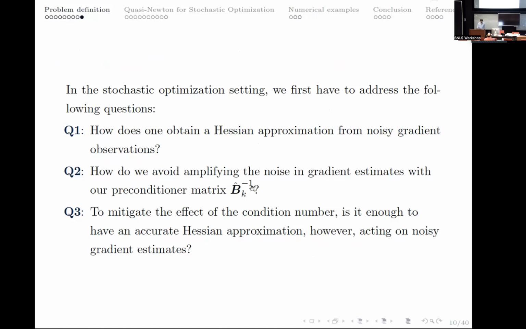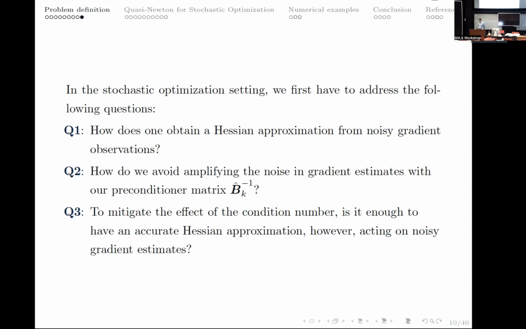Now, the second problem that we have here is how to avoid amplifying the noise that we have in the gradient, because it's possible we have this gradient estimate with some noise. Once we precondition by this matrix, it might have some really large eigenvalues in some directions, and then we might have this problem of noise amplification in some directions.